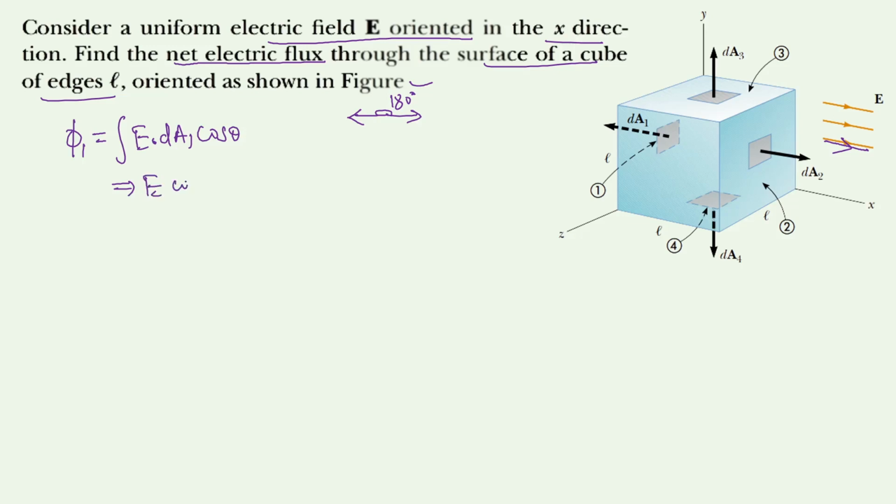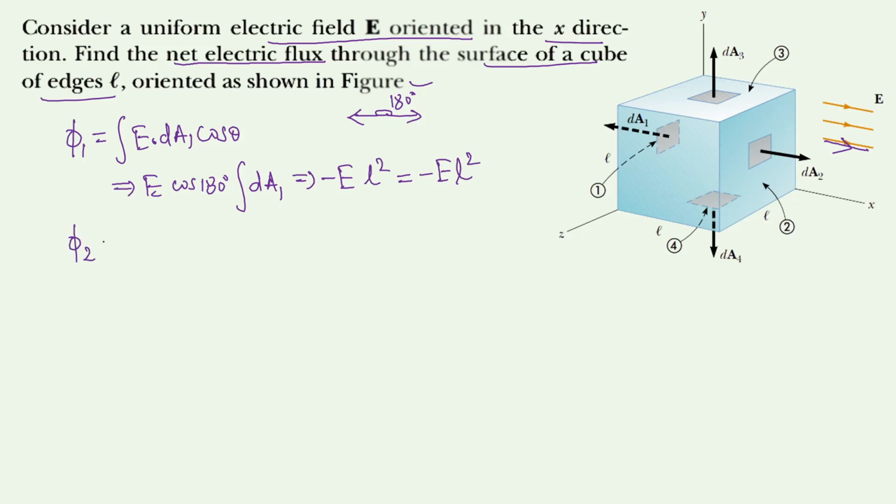So we get E cos 180 degrees dA, which is equal to minus E, and when we integrate dA, it is equal to L square. So it is minus E L square.